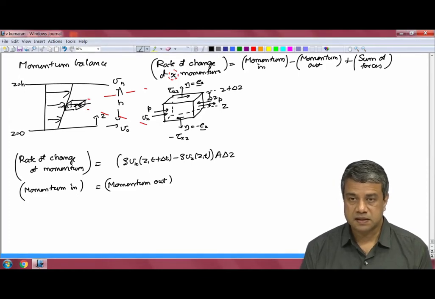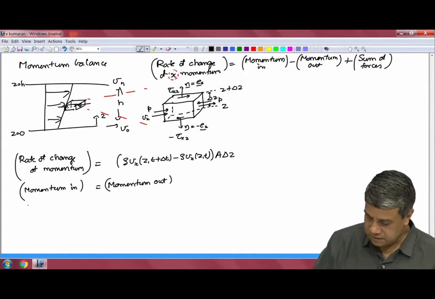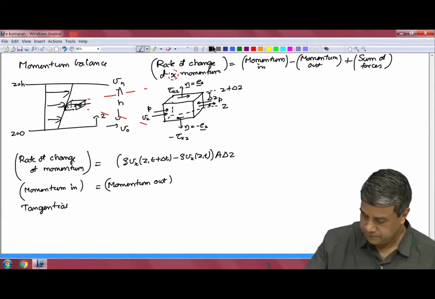And then there are stresses that are exerted tangential to the surface at the surfaces z and z plus delta z. So, the tangential forces.